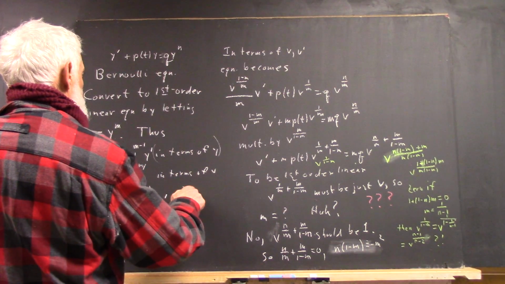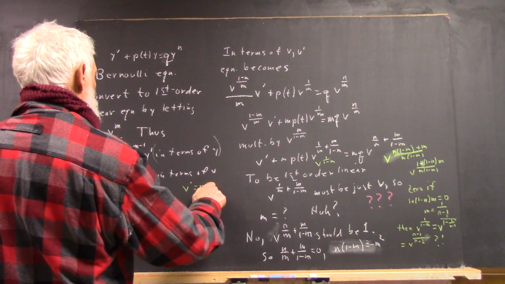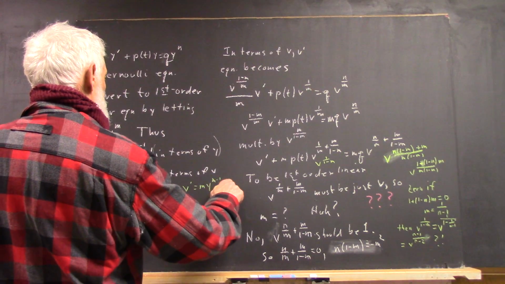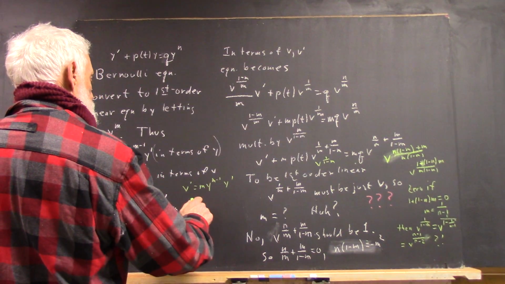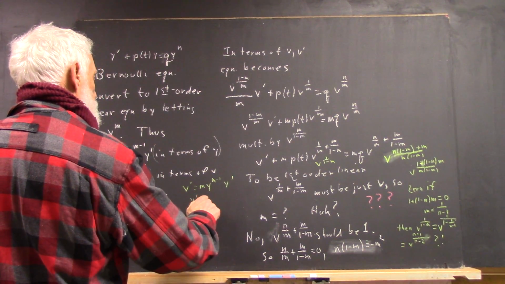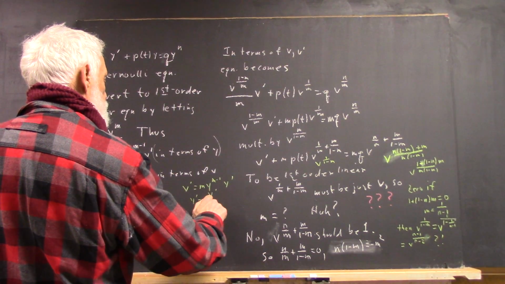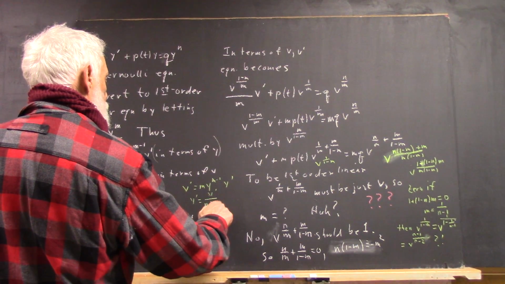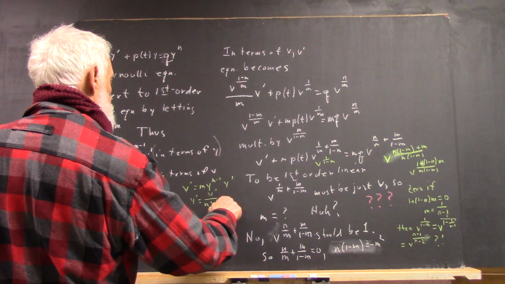Okay, we got v prime equals m y to the m minus 1 times y prime. So y prime equals v prime over m y to the m minus 1.